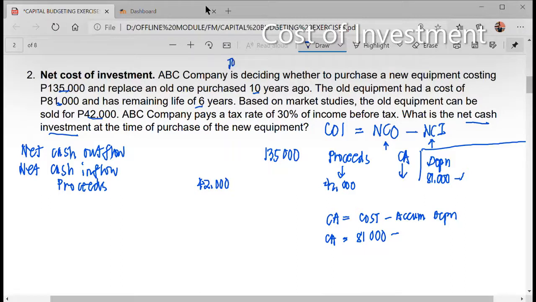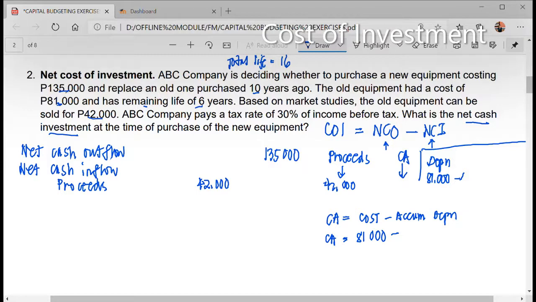So the total life is 16 years. Okay? The remaining life is 6 years, and it was already used for 10 years. So, therefore, the total life is 16 years. Okay? So, let's continue.